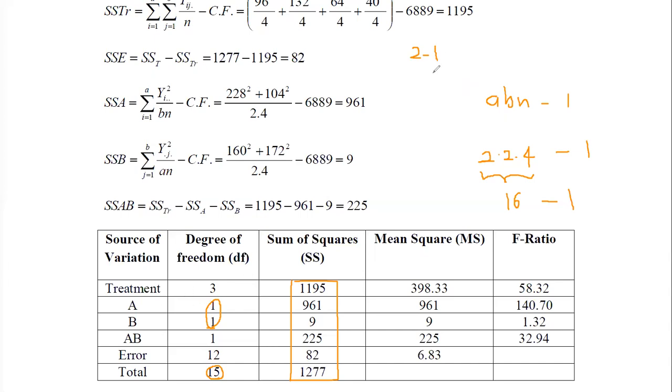Then for B, again 2 levels were used, 2 minus 1, it is again equal to 1. Then to obtain the interaction, you can simply take the multiplication of these two values, so the degrees of freedom for interaction is equal to 1.